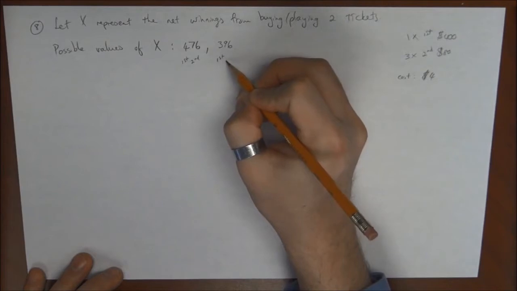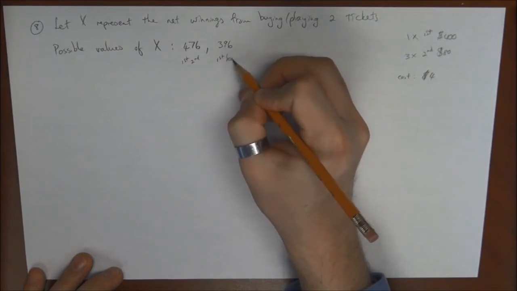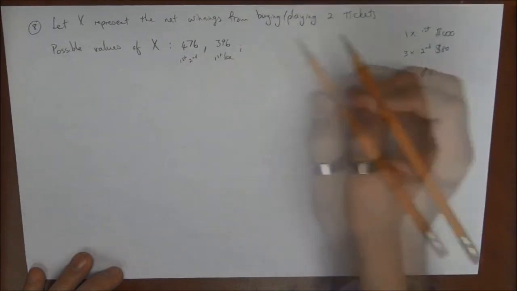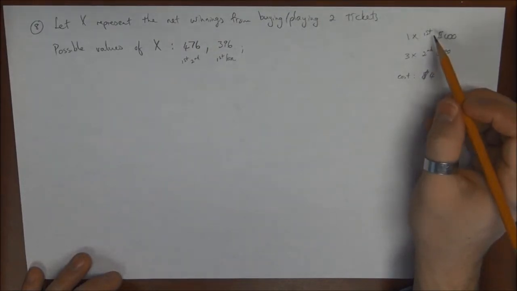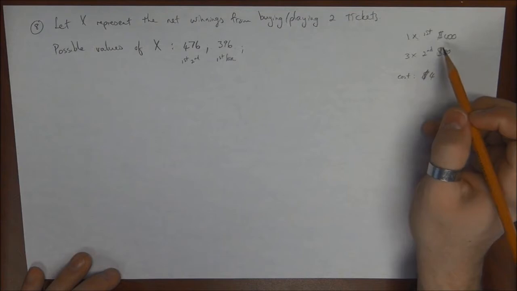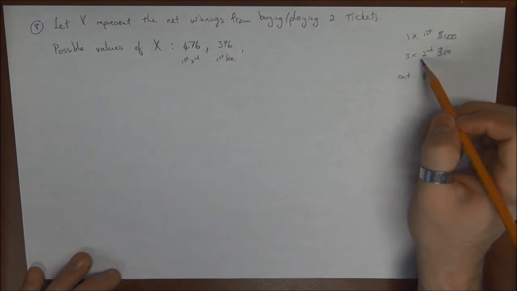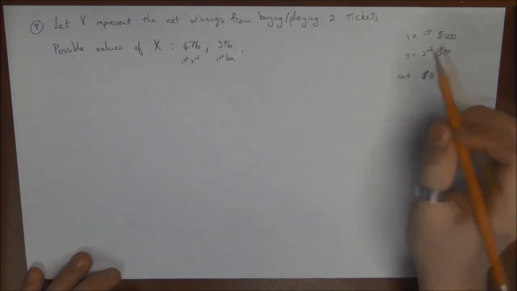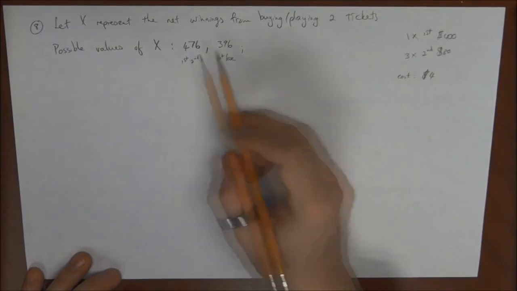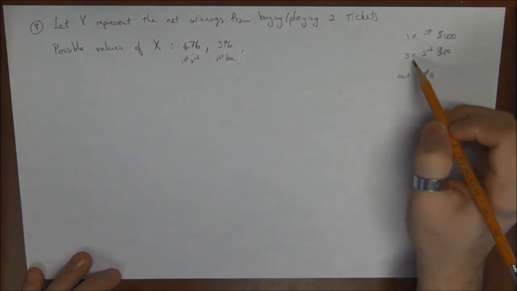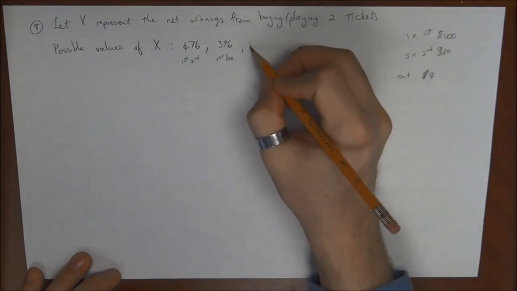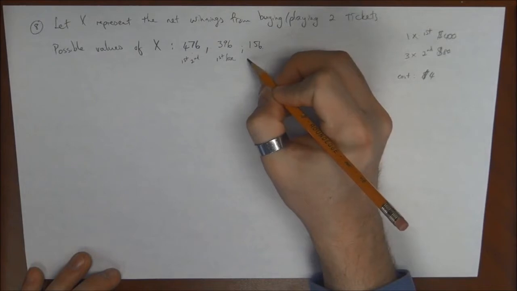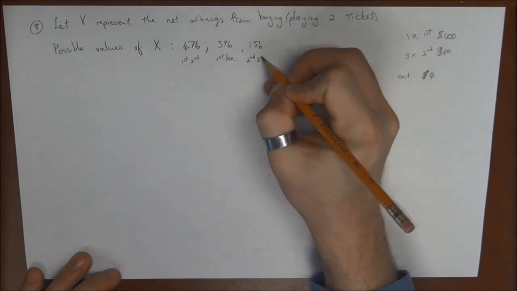This is first prize and lose. What else can I have? That's everything that I can get with the first prize involved. I can have a second prize and a first prize, but I've already covered that there. Second prize and another second prize, because there are 3, which would give me 160 minus 4, which would be 156. So this will be second and second prize.